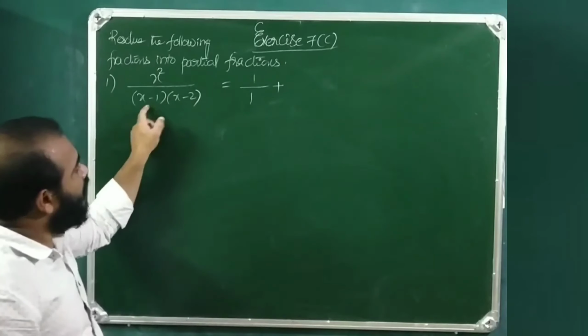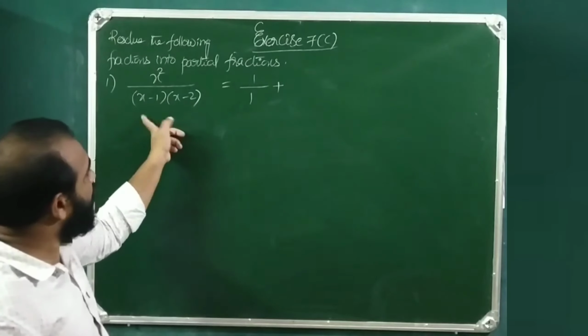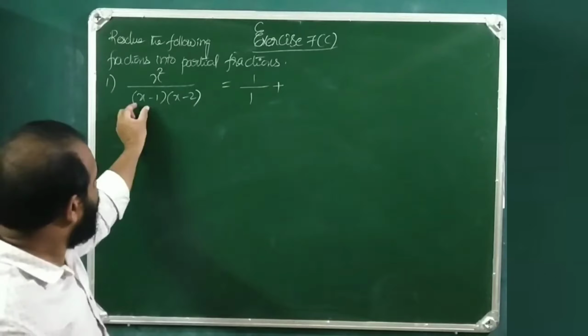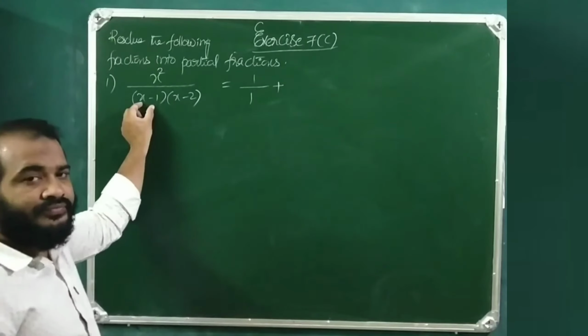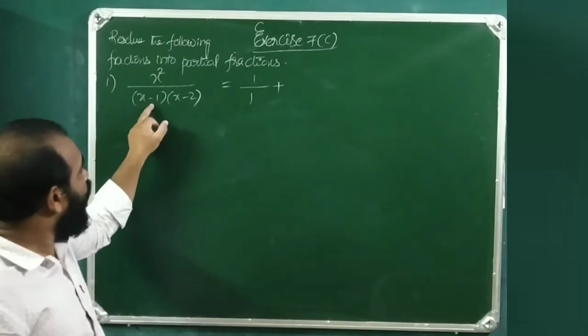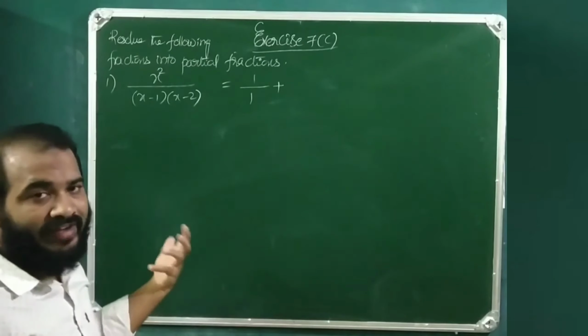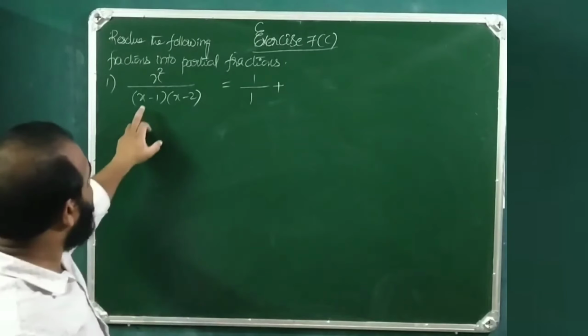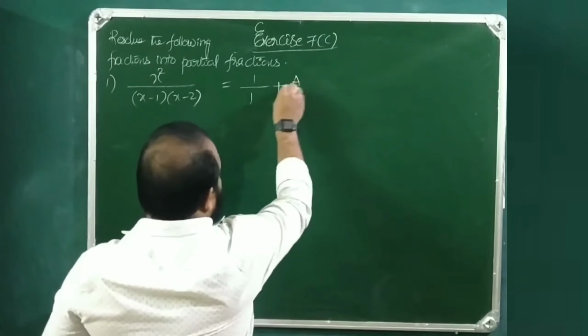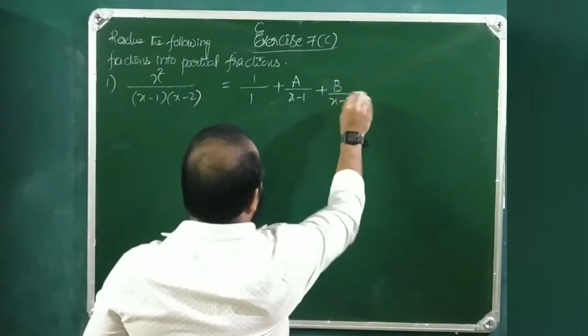How do we solve these partial fractions? So x minus 1 is a non-repeated linear factor. x minus 2 is also a non-repeated linear factor. So A by (x minus 1) plus B by (x minus 2).